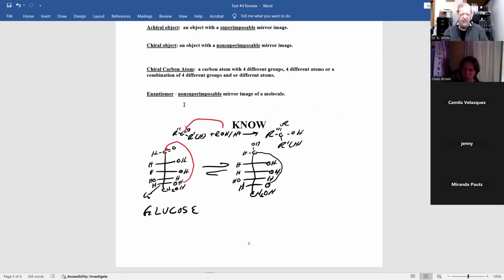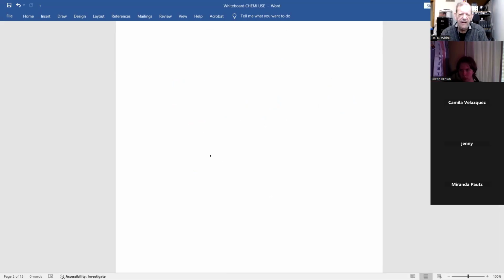So if I were to ask you to draw an enantiomer, and we talked about Fischer projections, and in a Fischer projection, every intersection of a line is a carbon. So there's also a carbon. But this shows stereochemistry. And how would you draw the enantiomer of this molecule?